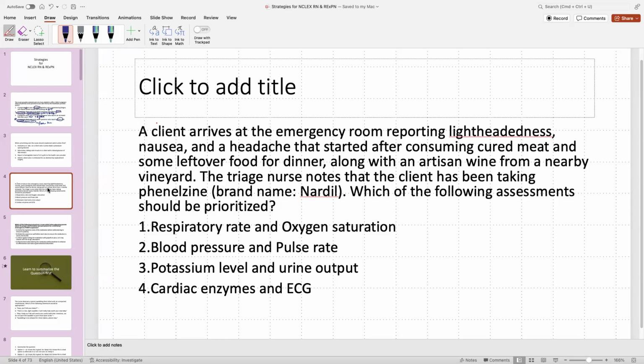The triage nurse notes that the client has been taking phenelzine, brand name Nardil. Which of the following assessments should be prioritized?